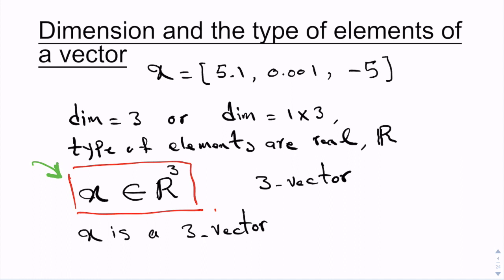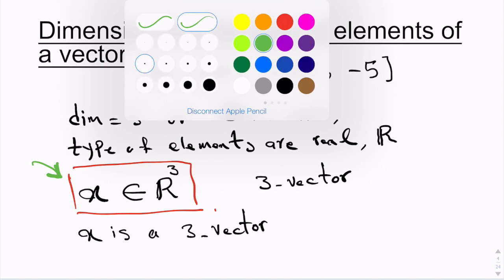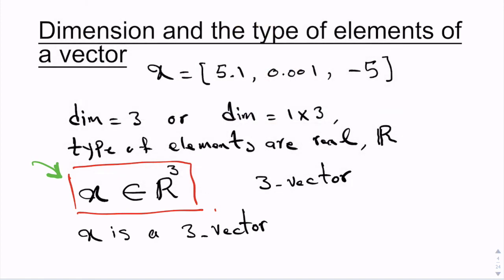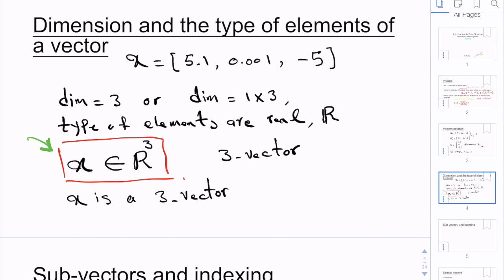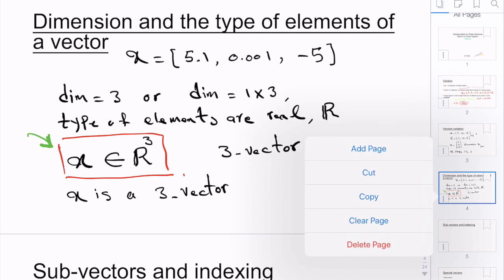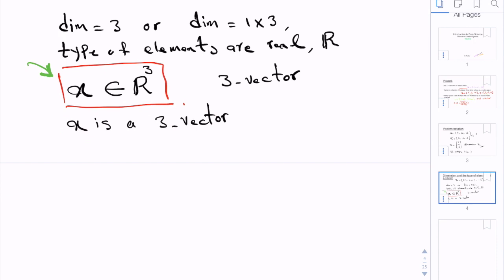Let's have another example. Hopefully this is very simple. If I have this vector y, whose elements are 5, minus 1, 1,000, and 3, how would I show it in mathematical notation?